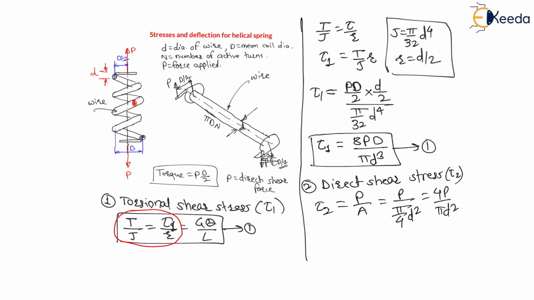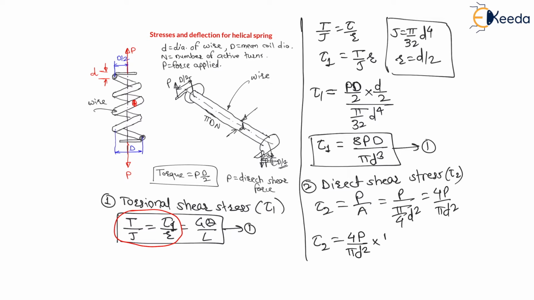Now, my dear students, can I simplify this direct shear stress? Try to write tau 2 in terms of 8PD divided by pi d cube.